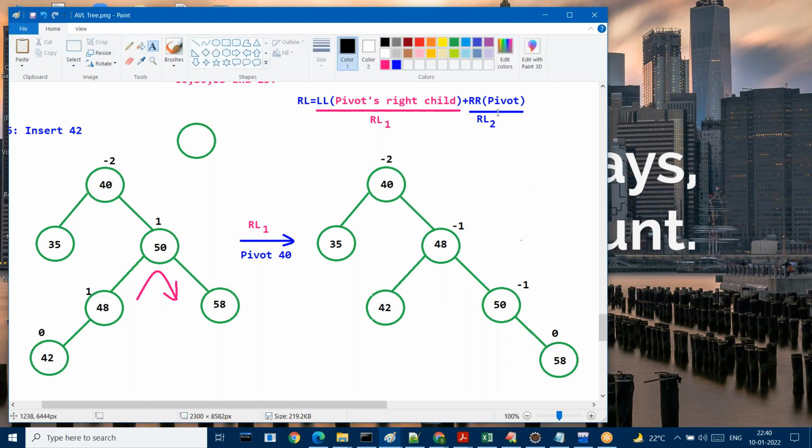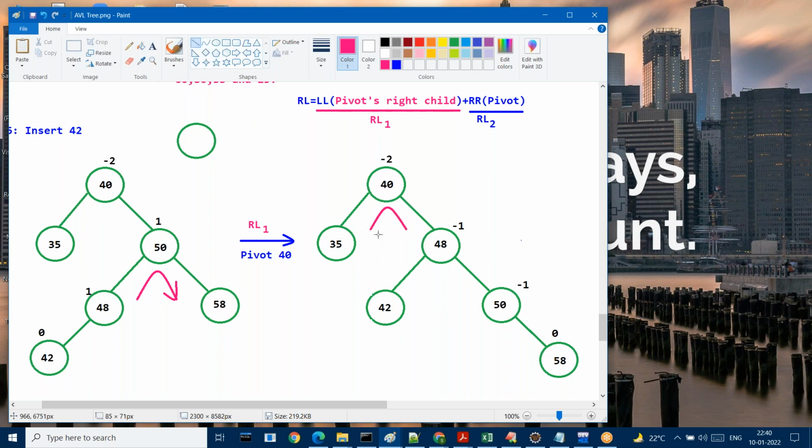Last rotation, RR, with respect to pivot. Who is your pivot? Pivot is not going to change. Sir, 40. So the rotation will now take place with respect to the pivot. RR rotation is what? Anti-clockwise.